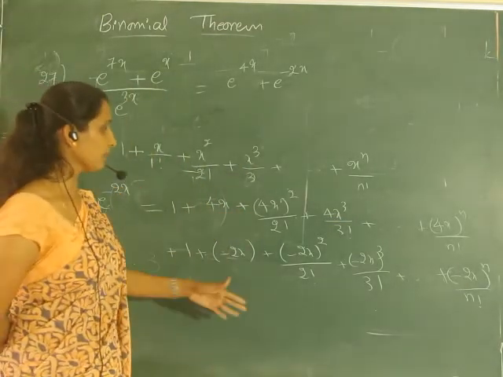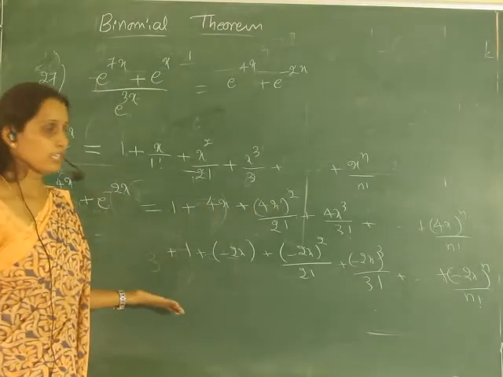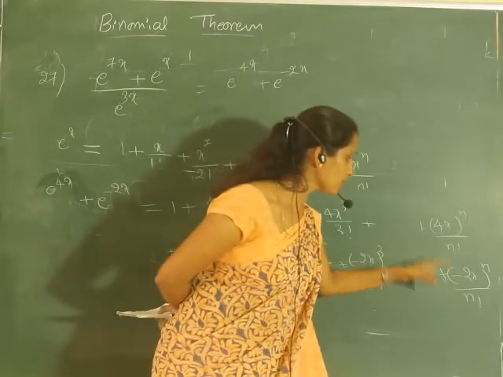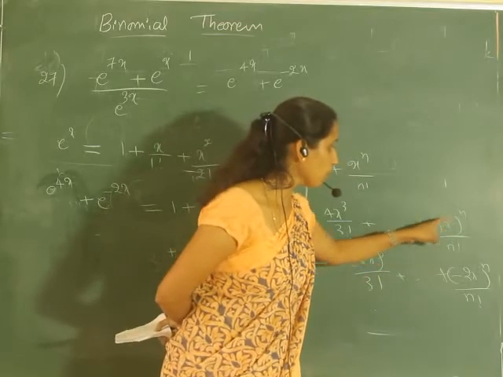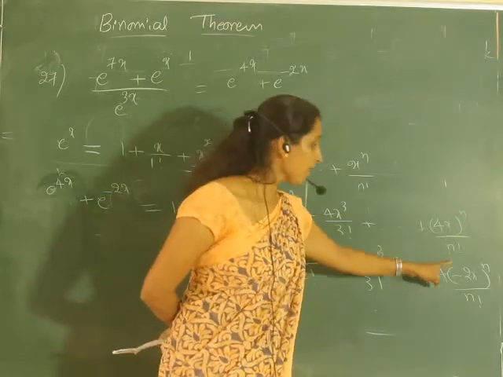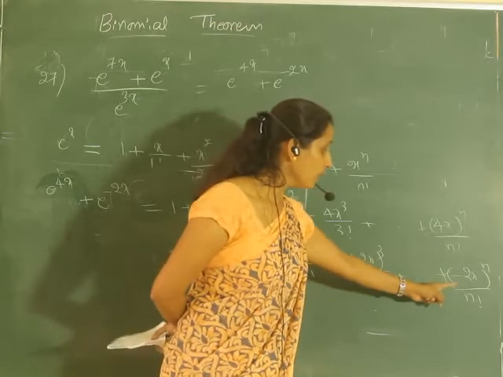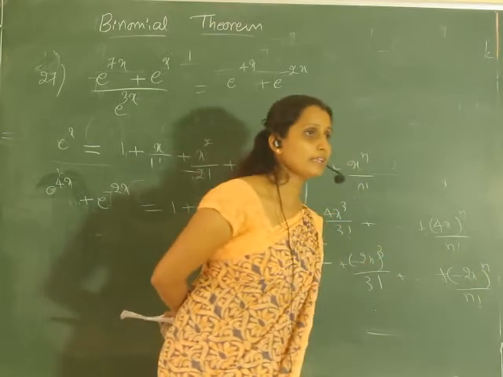Here it is a sum, so we won't get any term x power n. We get x power n only in these terms. So here the coefficient is 4 power n divided by n factorial, and here again one more is minus 2 to the power n divided by n factorial.